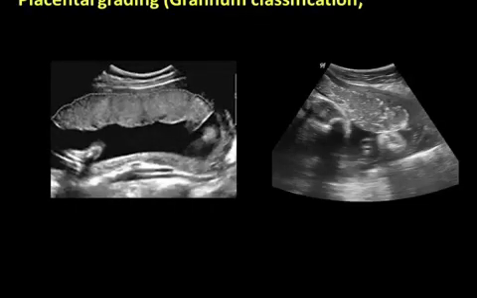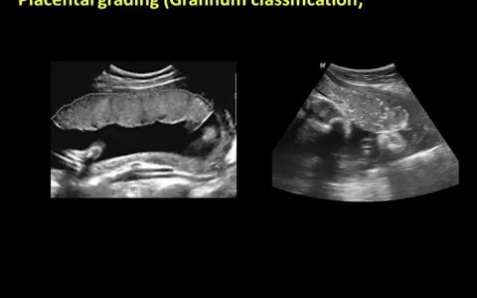Placental grading, Grannum classification, refers to an ultrasound grading system of the placenta based on its maturity. This primarily affects the extent of calcifications. Calcium deposition occurs throughout pregnancy as a normal physiologic process of placental aging. The amount of calcium deposition is known as placental grade.